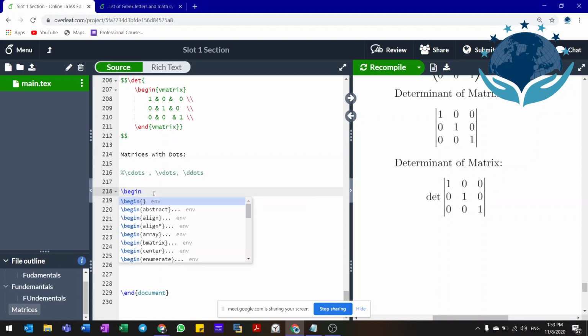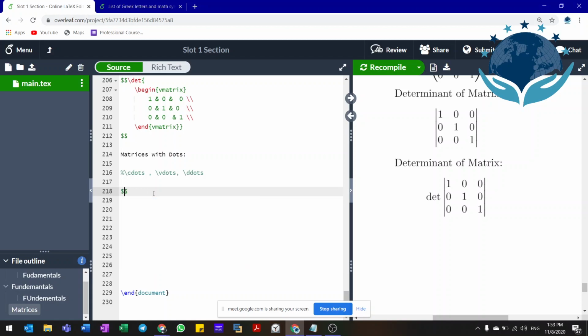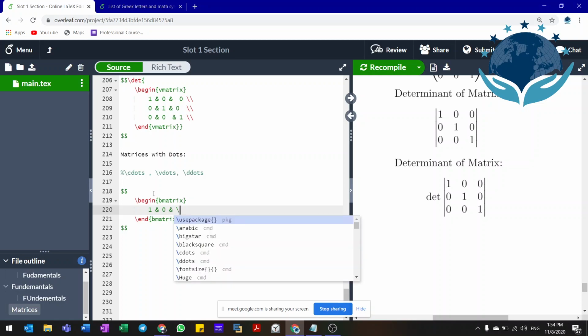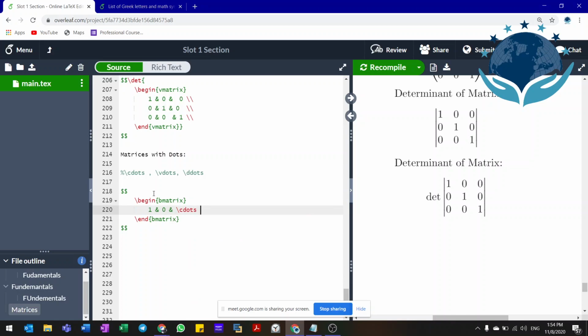So now, inside the mathematical mode, I'm going to write the matrix, begin B matrix. Inside that, I am going to use, let's say, 1 followed by 0, followed by, I don't know how many members there are, so I am using c dots, which has to span the columns. That's why it is called c dots.